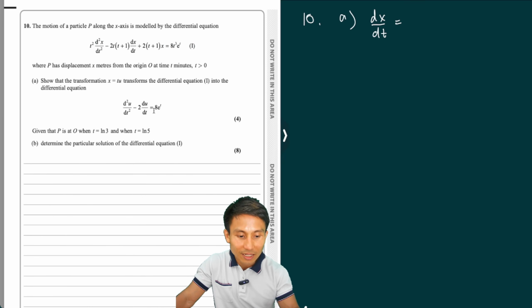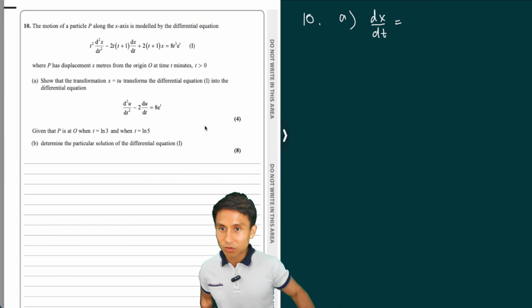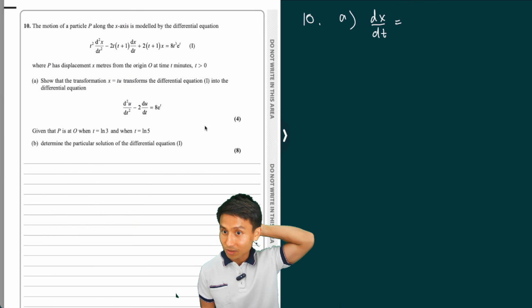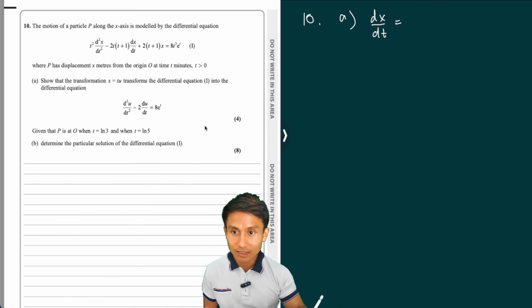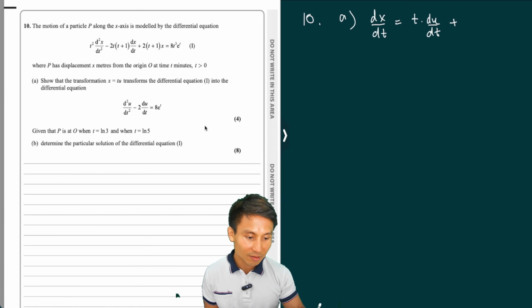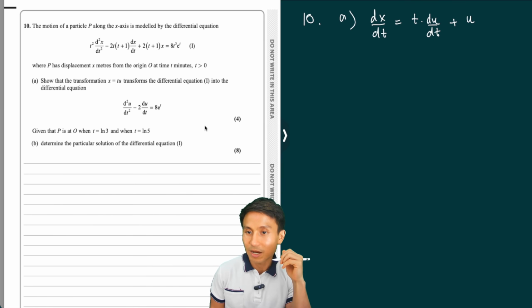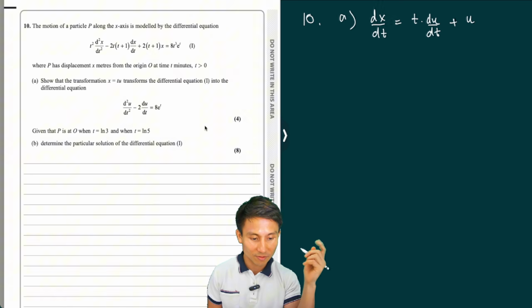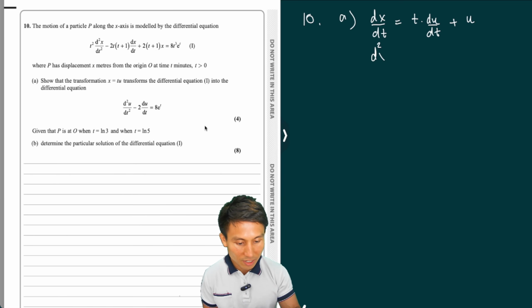The easiest way is to just differentiate x with respect to t, because we're going to substitute d squared x by dt squared here and dx by dt here. So dx by dt using the transformation equation, because u is also a function, we use the product rule: t du by dt plus u, since dt by dt is 1, and then u. Then we differentiate again, so that's the second derivative.